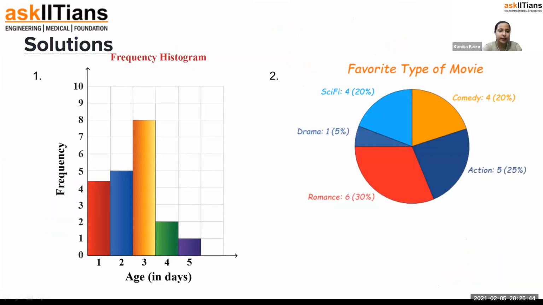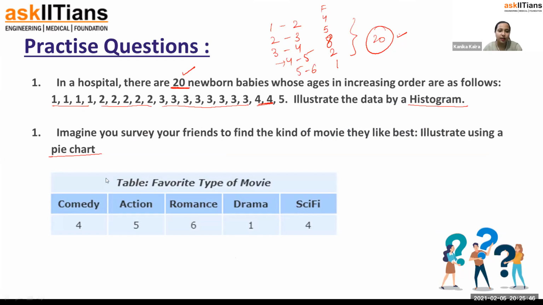All right. Then the next question, you have to draw a pie chart. Now, how will you draw a pie chart? First of all, let's find out the total. 4 plus 5 is 9, 9 plus 6 is 15, 15 plus 1 is 16, 16 plus 4 is 20. You have to find out the angle also.